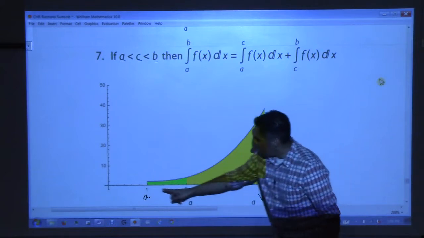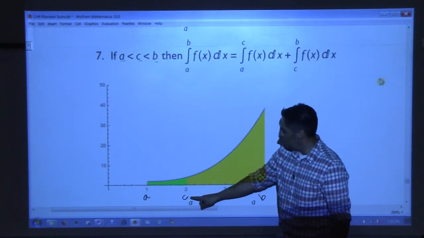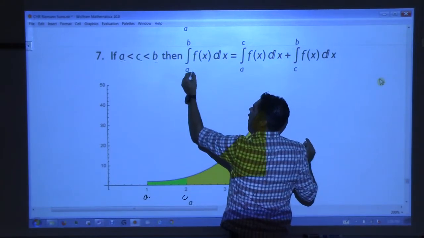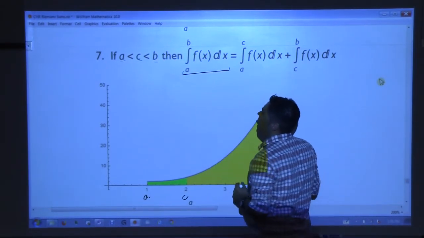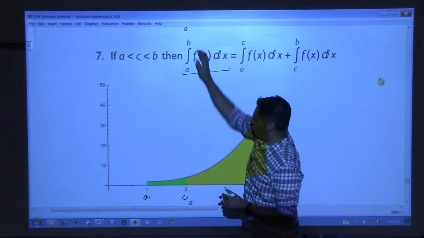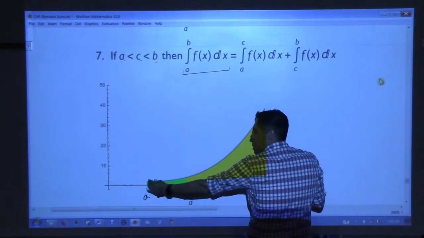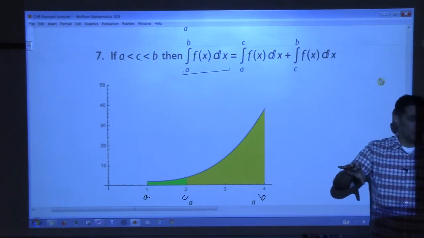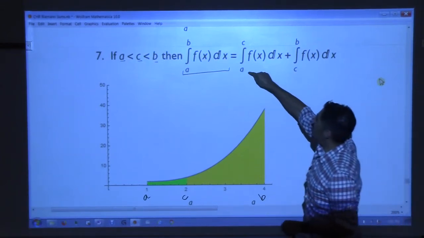Do you all agree that A is less than C? Yes. And that's less than B, right? So it says if you want to do the area under the curve between A and B, so if you want to find this whole area from here to here, you are allowed to split this up into two integrals where you go from A to C first.